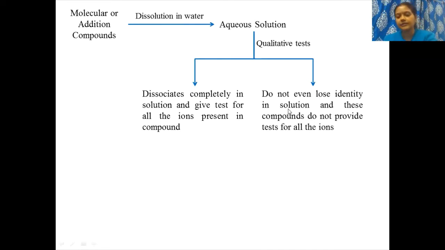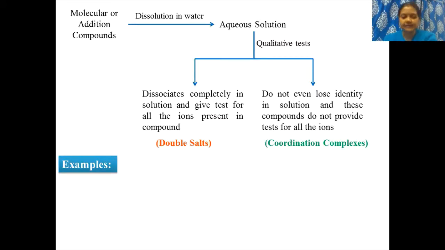In the second possibility, they do not lose their identity in solution, meaning it doesn't completely dissociate and does not give us tests for all the ions present. The first possibility arises for double salt, and the second indicates the presence of coordination complexes.